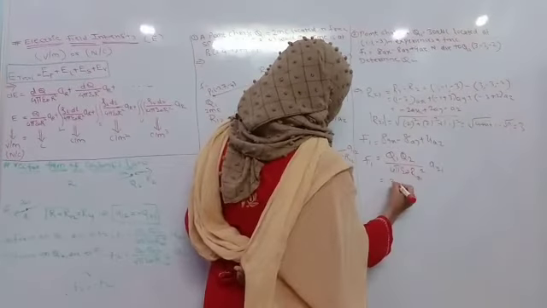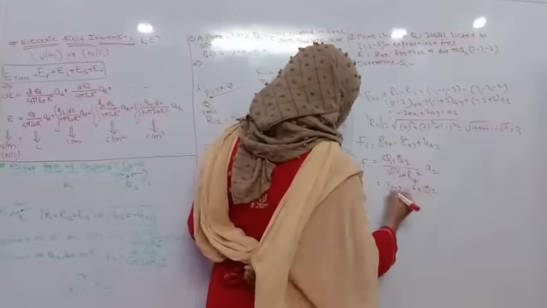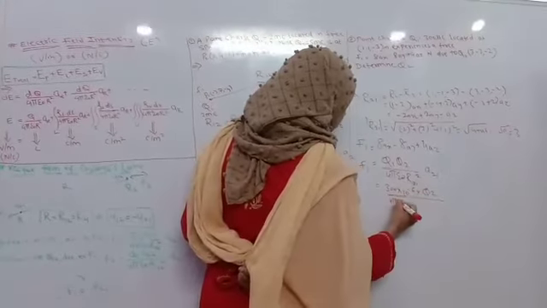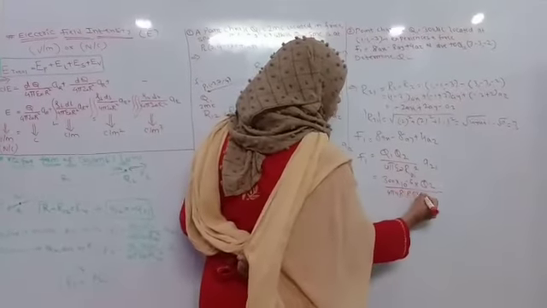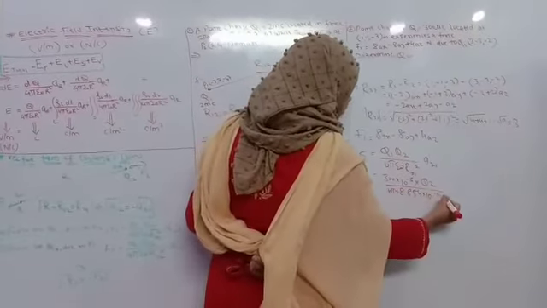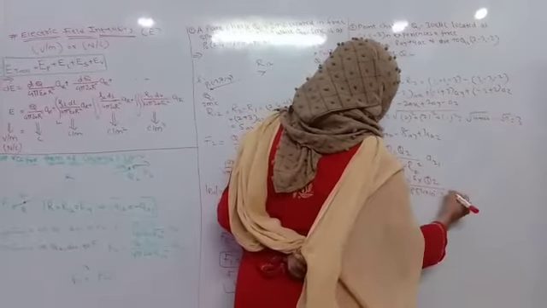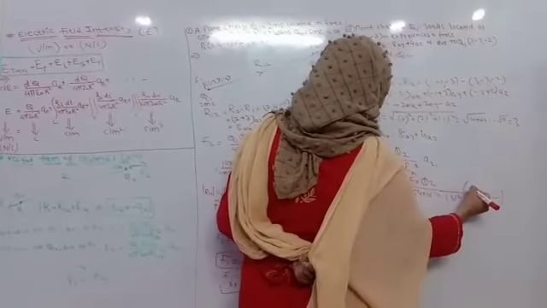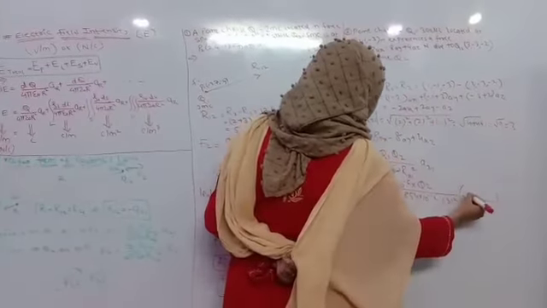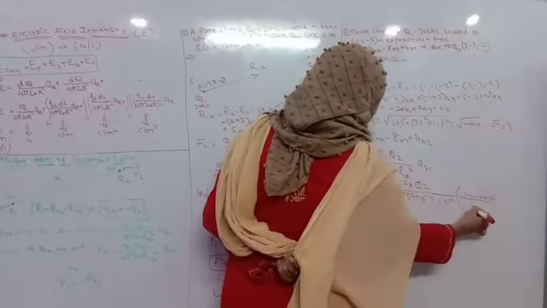Q1 is nothing but 300 into 10 raised to the power minus 6, into Q2 which you need to calculate, divided by 4 pi epsilon 0, which you may take as 8.854 into 10 raised to the power minus 12, into 3 square, dot the unit vector, minus 2ax plus 2ay minus az, and here will be my 3.